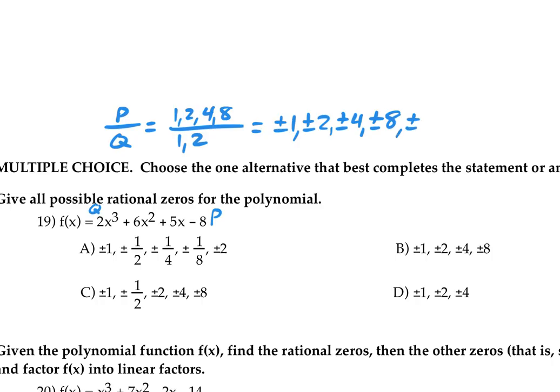So 1 divided by 2 would be a half. Then 2 divided by 2 is 1, but I already have 1, so I don't need it again. 4 divided by 2 is 2, but I've already got it. And then 8 divided by 2 is 4, and I've already got it. So 1/2 is really the only additional one that I get when I divide by 2. And those would be all of the possible rational zeros of that function.